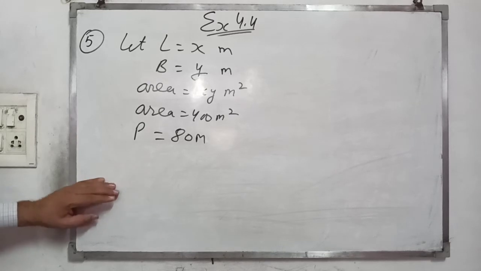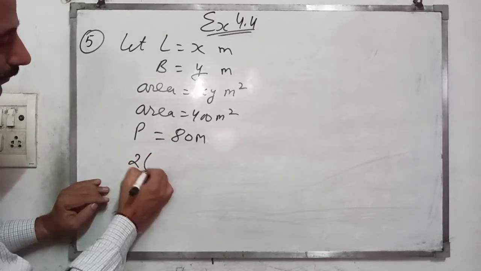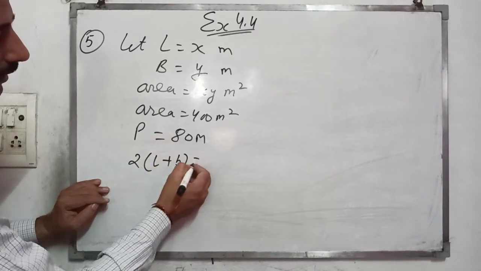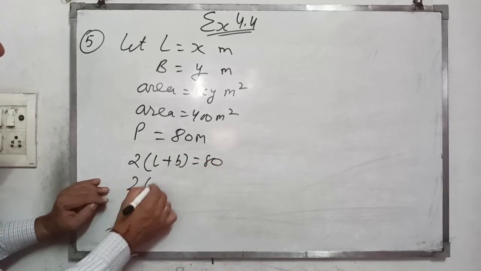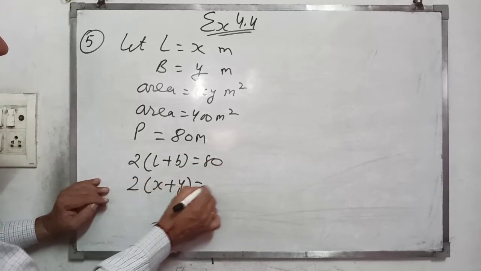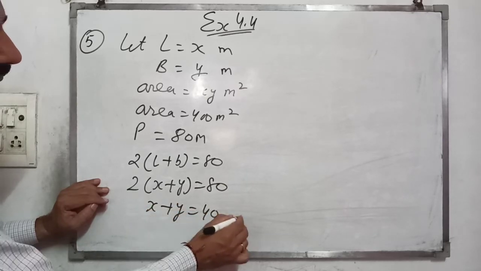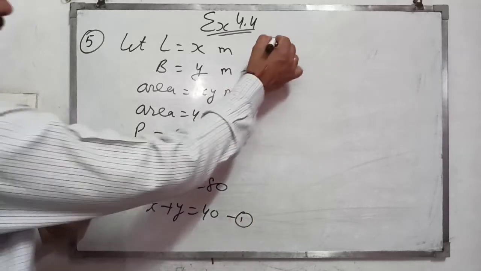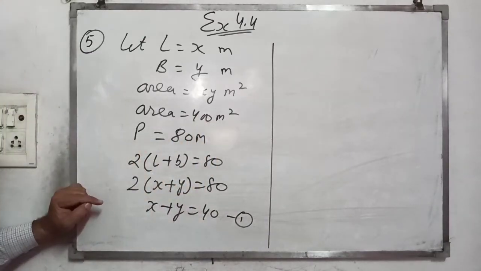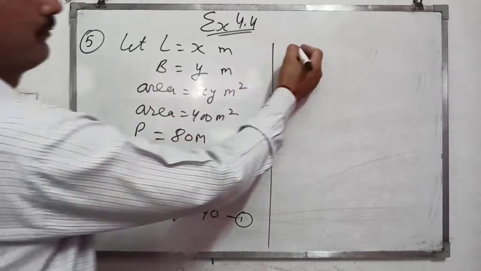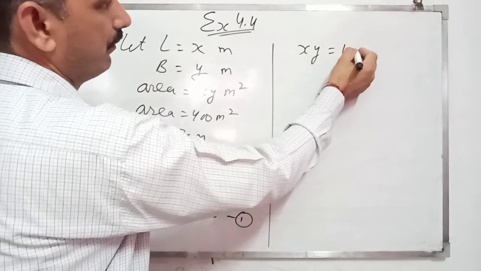So we know that the perimeter is 2 into (l plus b) equal to 80, so 2(x plus y) equal to 80, that is x plus y equal to 40. Make this equation number 1. Then area is xy, that is equal to 400.